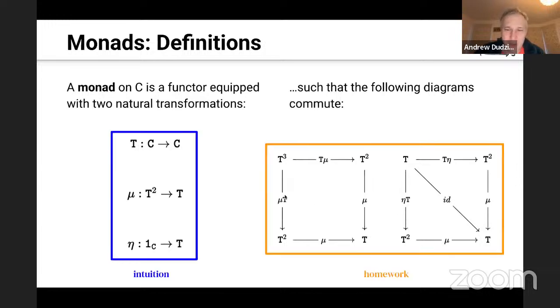Remember, these are basically homework. The thing on the left is what we should be thinking about. It's some way of collapsing T squared down to T, as well as expanding the identity into T. So it really wants everything to be a T type. Not a T squared type, not a non-T type, but everything to be a T type.